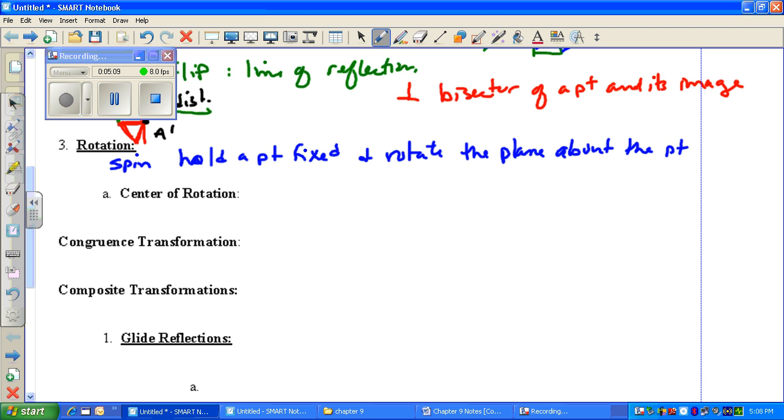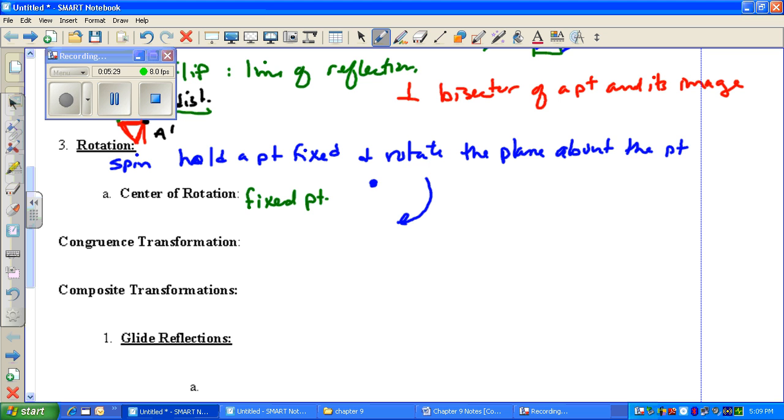I hold this point fixed, and everything swings about that point, by a certain number of degrees. This point that I hold fixed is my center of rotation. So the center of rotation is your fixed point.